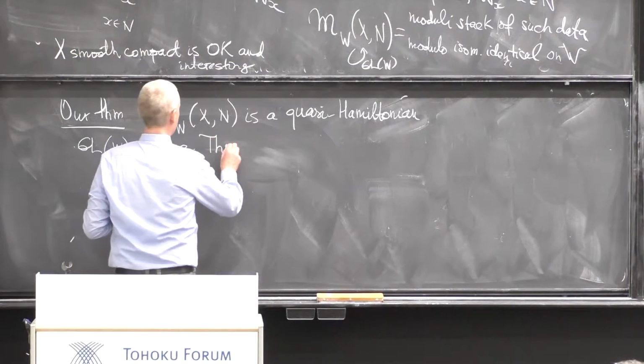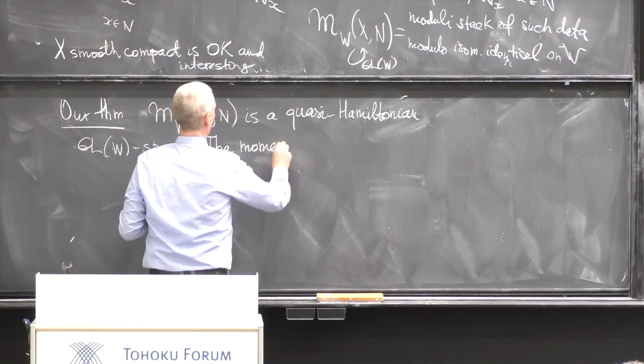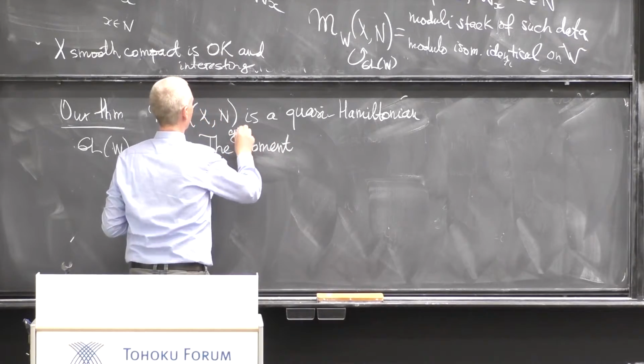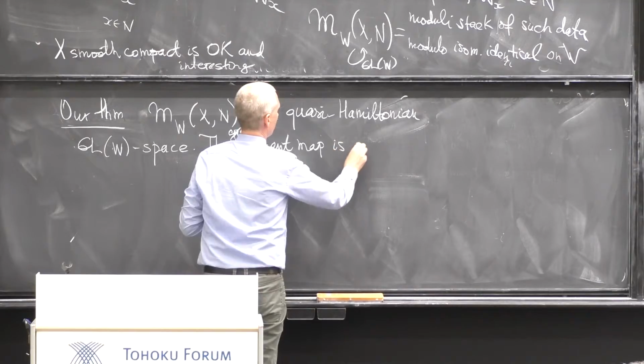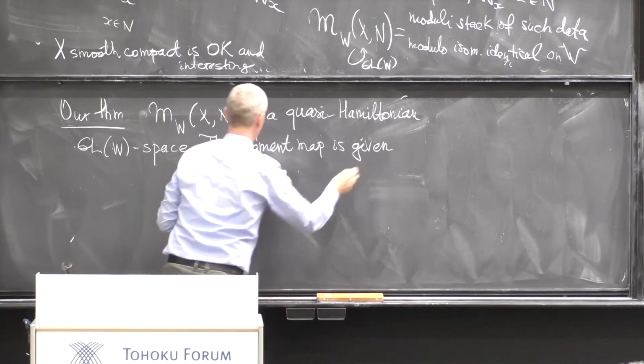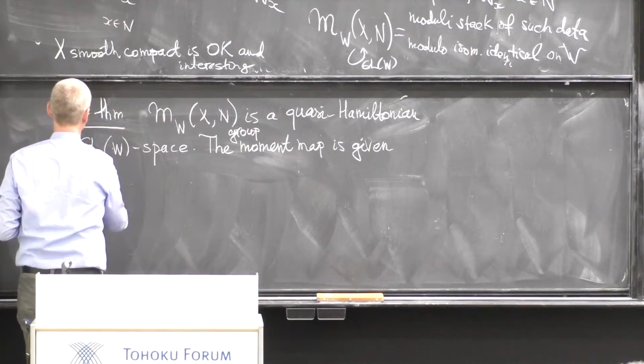The group-valued moment map is given by the monodromy on the vanishing cycles.